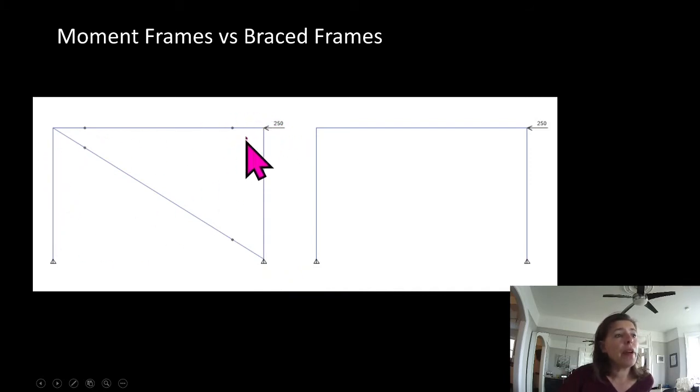We went through and we figured out all the axial loads in this system, and then we figured out all the axial shear and moment loads in this system. I have a modeling software that can replicate exactly what we did by hand. So, I mean, you have to build it, and for something this simple, it's almost easier to do by hand.